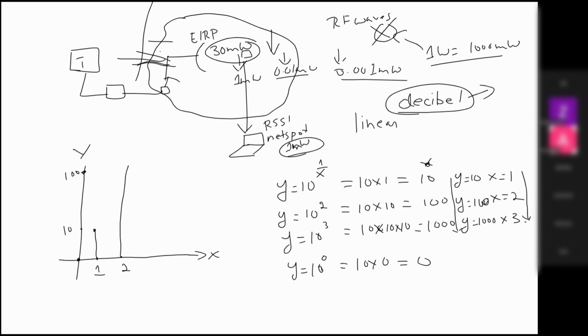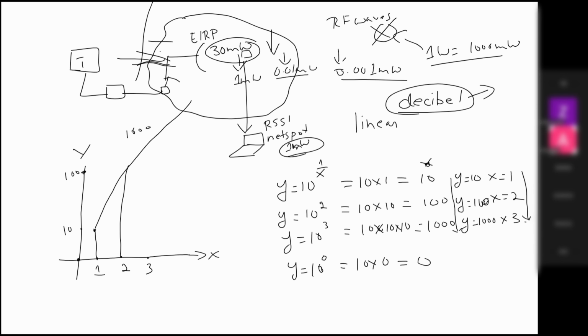So x value is 3, that is here, and what is the y value? y is 1000. So my graph is not enough to represent this, right? It is going exponentially, shooting up, and the graph is not enough to capture that.